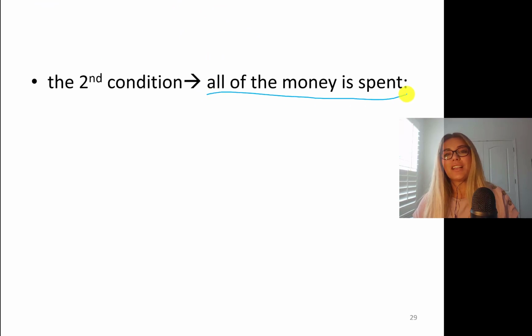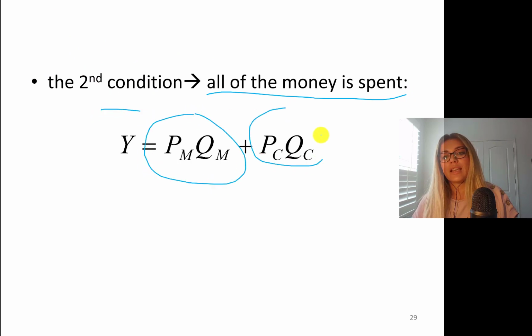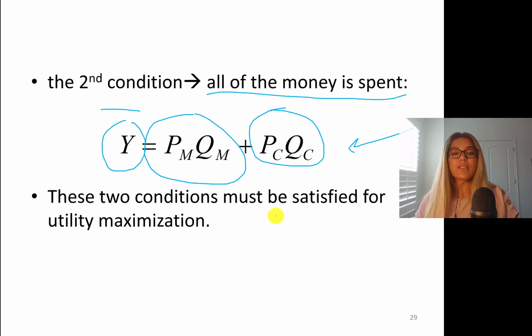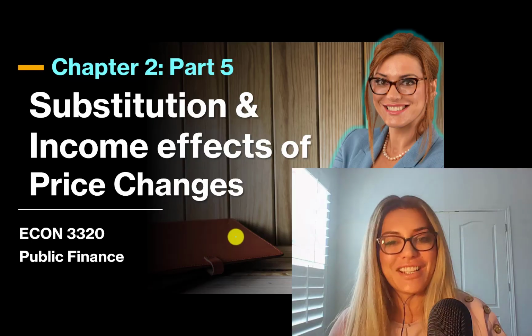Remember, in this model, you can't borrow, and you cannot lend money or save money. So you need to satisfy this: your total expenditure on movies and cakes has to be equal to your income. This is your budget line, budget constraint.